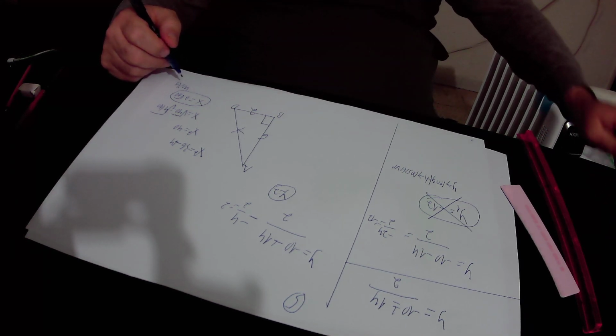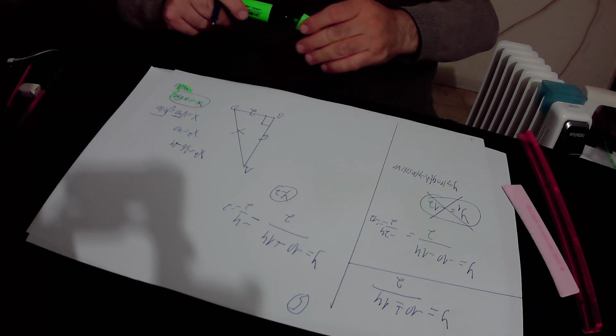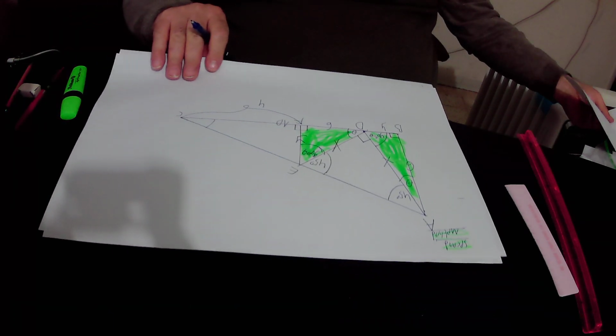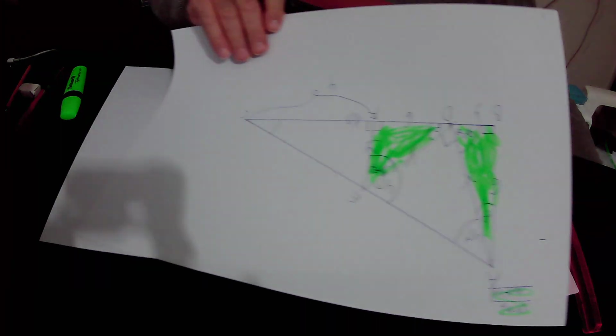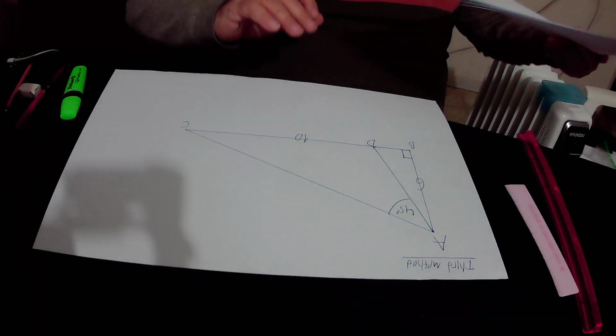So we finished the second method. In the next step, I will present to you how to find the value of line segment x according to the third method.